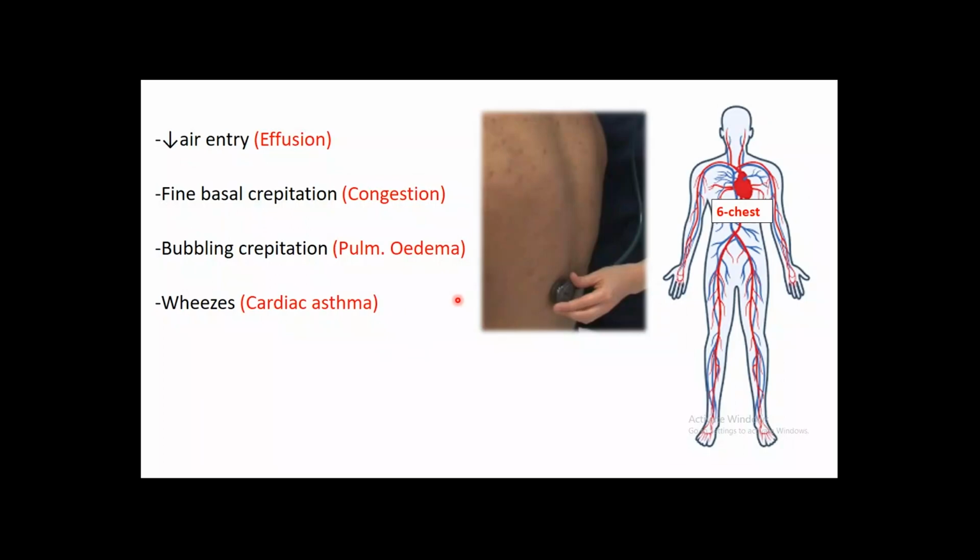So the presence of wheezes does not mean 100% that this patient has only a chest disease. This also could be heard in a patient with heart failure.